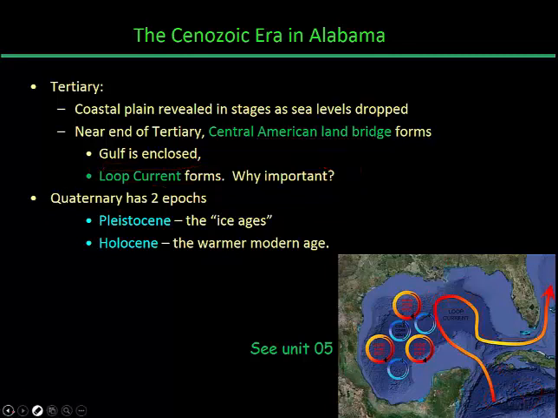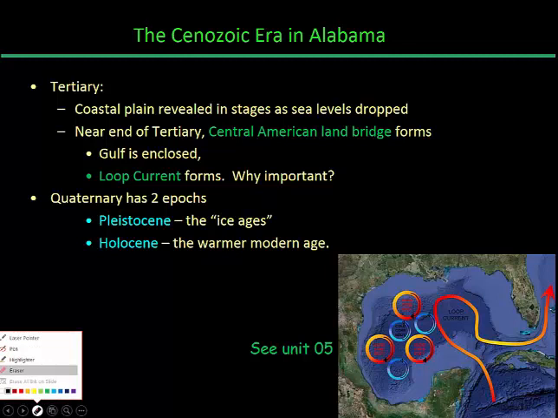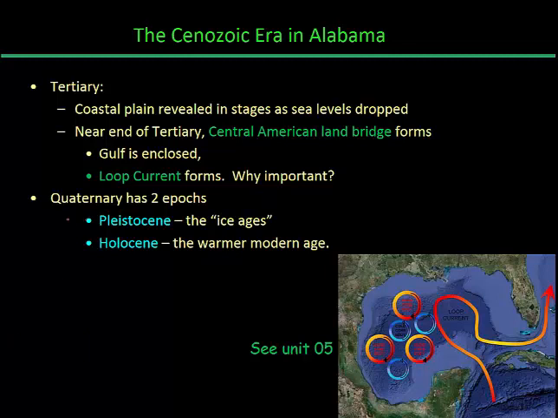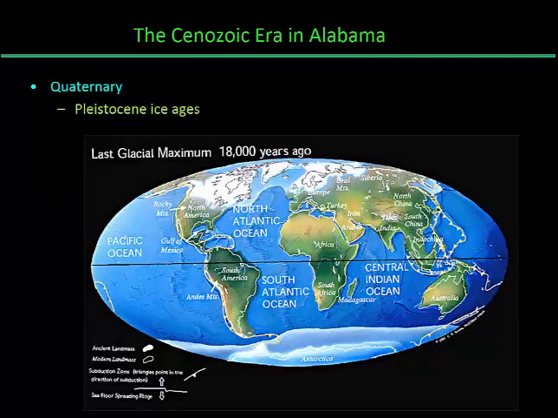Now, the other thing that I want to talk about here is that the Quaternary currently has two epochs that are designated: the Pleistocene and the Holocene. The Pleistocene is known as the Ice Ages, and so let's take a look at that and what happened during the Ice Ages. So this is a picture of the Earth's surface during the Ice Ages. You'll notice pretty immediately that a lot of the Earth's surface is covered up with this white stuff.